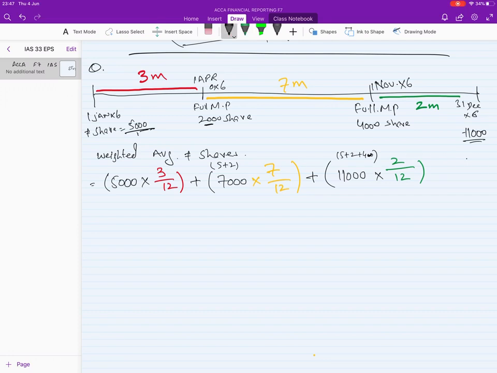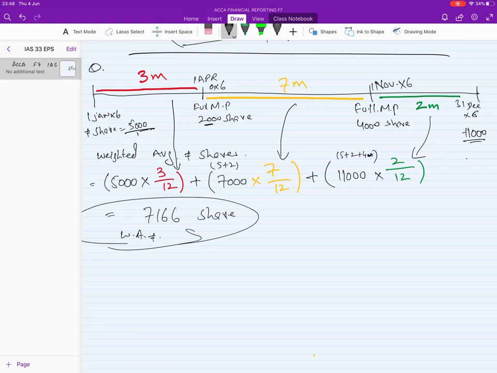I chose the colors so you can see: red matches there, orange or yellow is 7 months, and green is this. If you calculate all these, you will get 7,166 shares, which is the weighted average number of shares. So this is your answer.